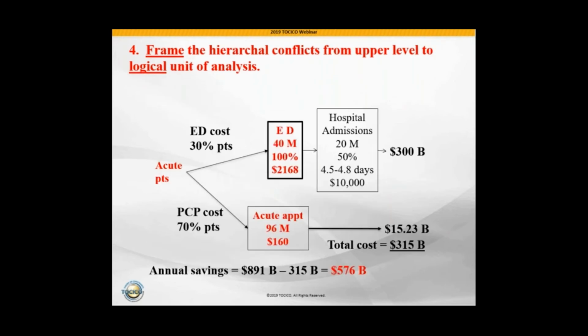If we did the math and said that 70% went to a primary care provider or a specialist provider, and it cost $160 versus the $2,100, the total cost then would be 315 billion instead of close to 900 billion.